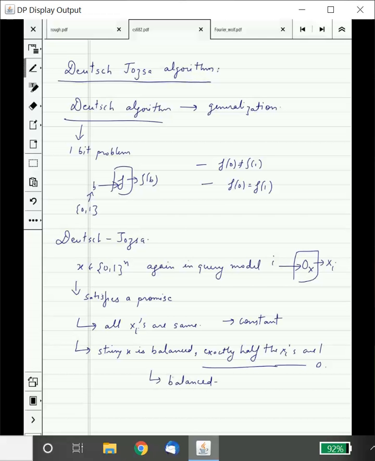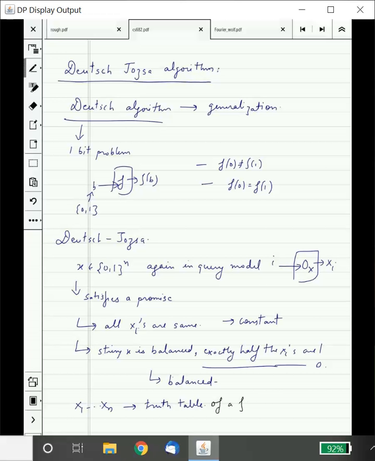It should be clear to you that this is a generalization of Deutsch's problem. If not, just view the input as a truth table. This is something we discussed in the lecture on the query complexity model, where we said that sometimes the input is viewed as a truth table of a function.